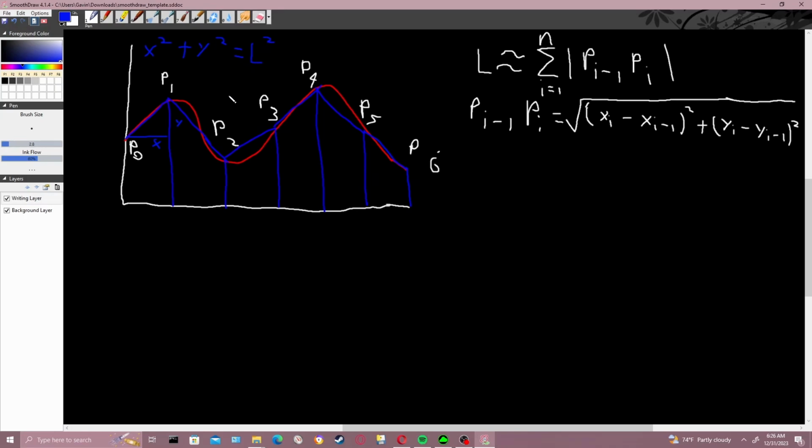And then our length is equal to the square root of x squared plus y squared. If you're a calculus student, you didn't need to know that. I don't know why I really explained it.